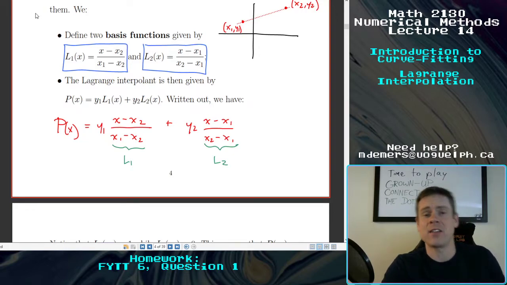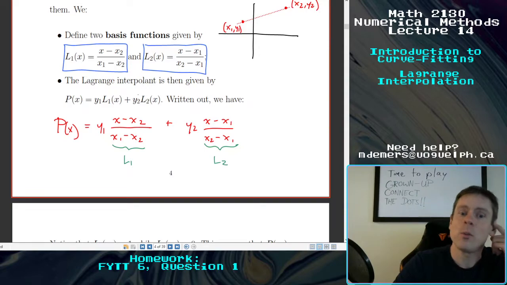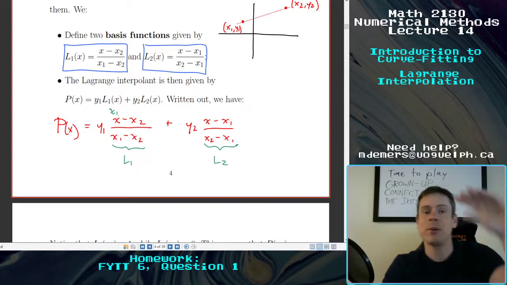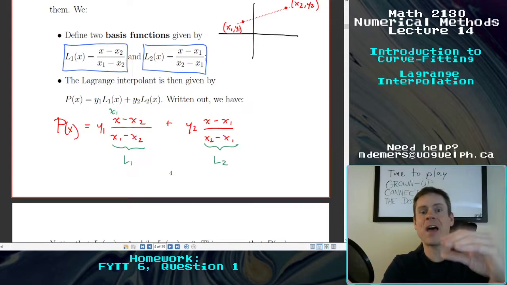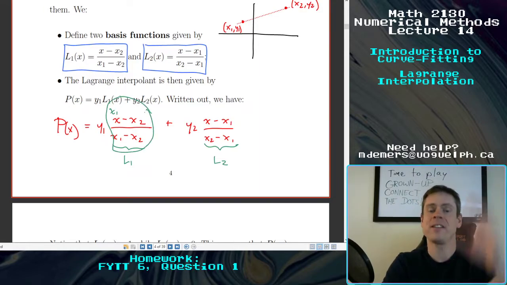This is a function of x, so I should be able to plug in different values of x, agreed? Imagine I put in x equals x1. I would get x1 minus x2 over x1 minus x2, and you see what happens: that ratio becomes 1. This whole thing is therefore 1 times y1.